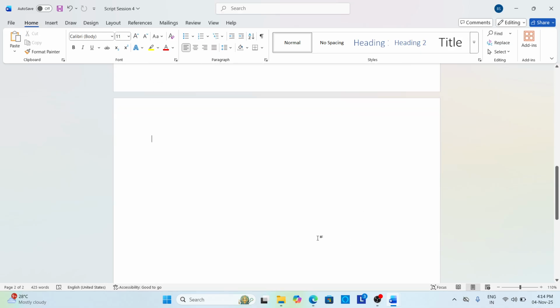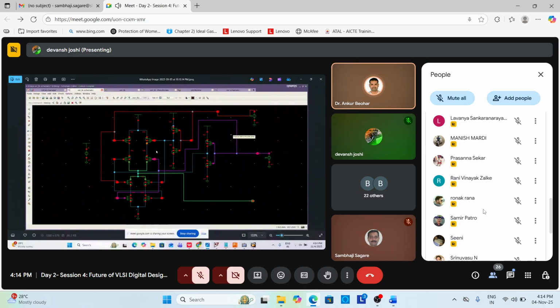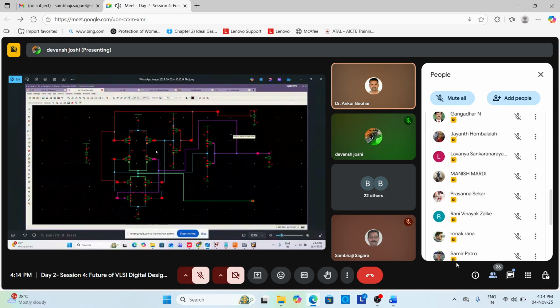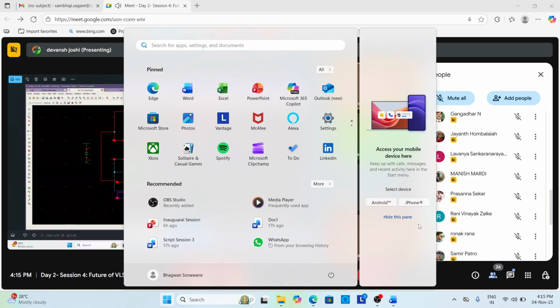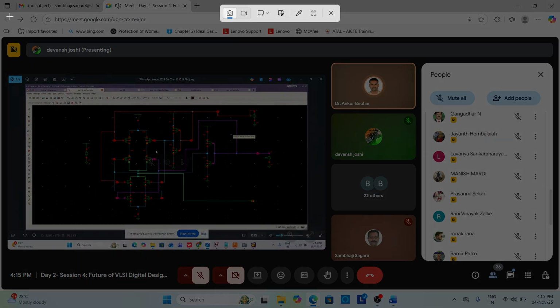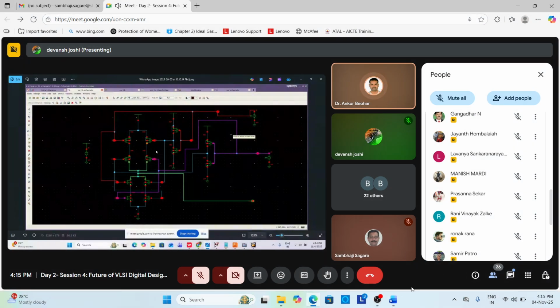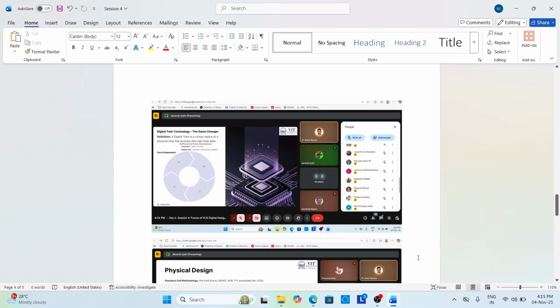This is the basic Cadence circuit for the XOR. It is a combination of PMOS and NMOS that we have drawn. With the help of PMOS and NMOS, we have implemented the XOR circuit, where the output represents A bar B plus A B bar, and for the same inputs the output is 0, and for different inputs we have 1. The same we have implemented here.